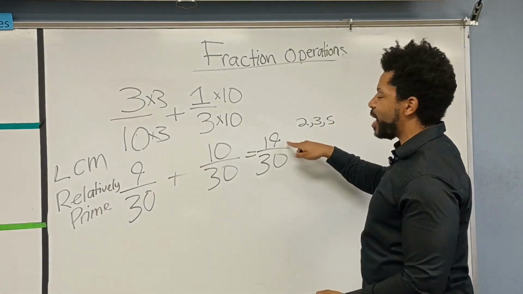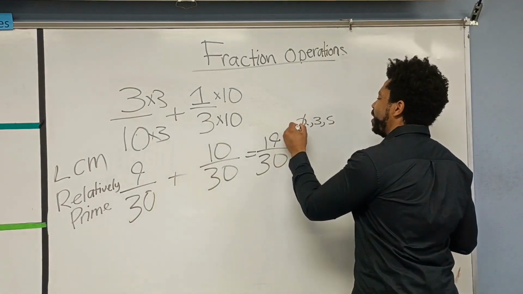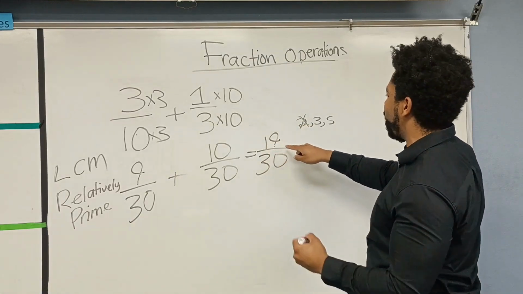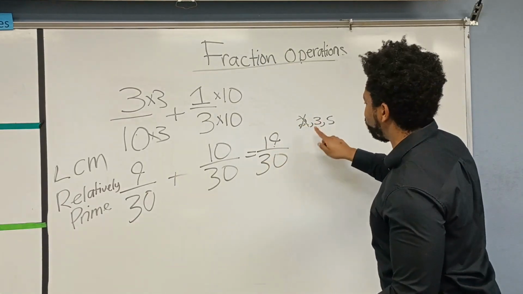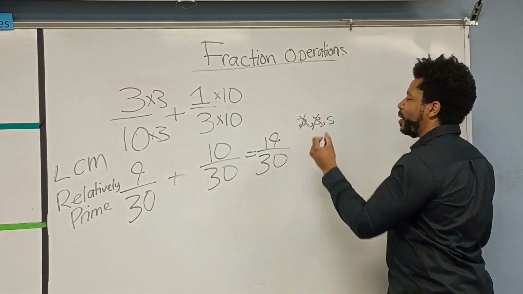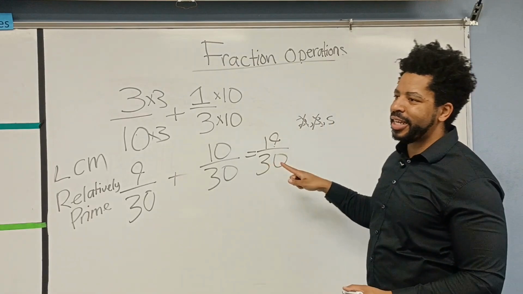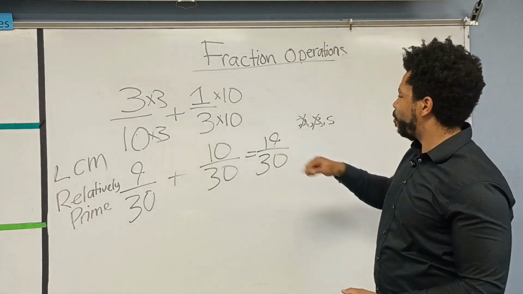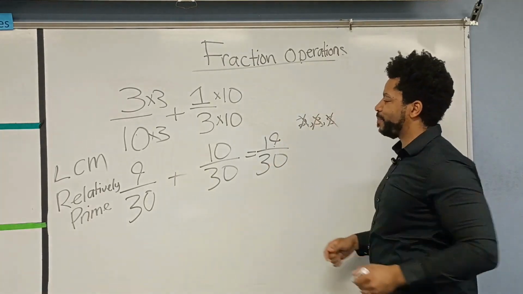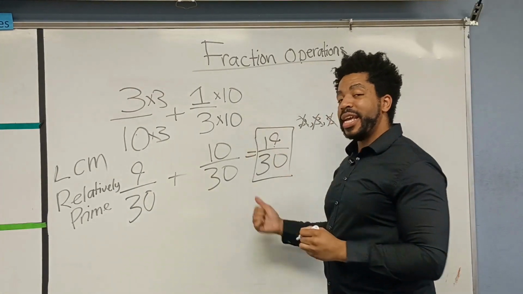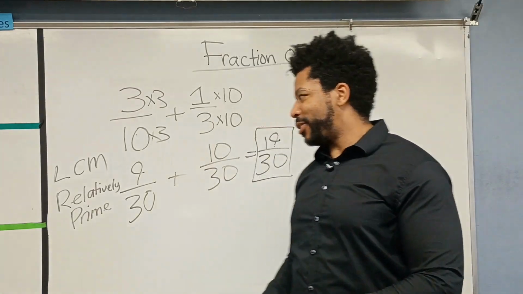And of course, 2 is not going to work because they're both not even. 3, the digits, 1 plus 9 equals 10. That's not a multiple of 3. So 3 wouldn't work. And of course, 5, the rule for 5 says it has to end in a 0 or 5, which that one doesn't. So this fraction here is your final answer.